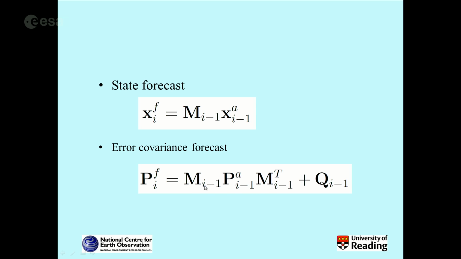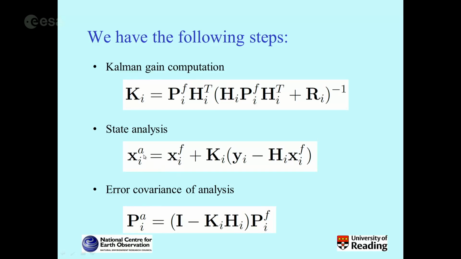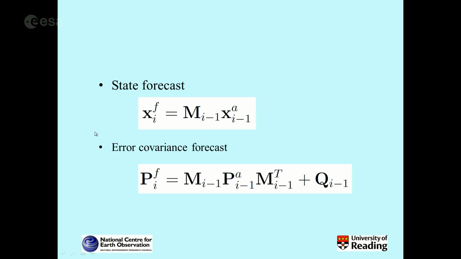Otherwise, we have this Q in here. But these are the equations just so you've got them for a record. But all we're doing is what I said before. Do the analysis, calculate its uncertainty, forecast the analysis to get the next prior, forecast the analysis uncertainty to get the next prior uncertainty, and then we can do the analysis again at the next time.